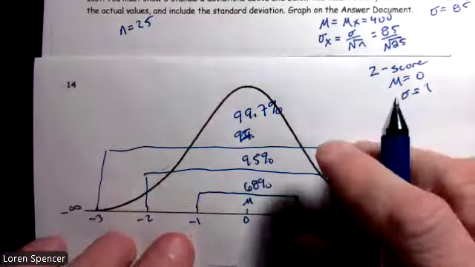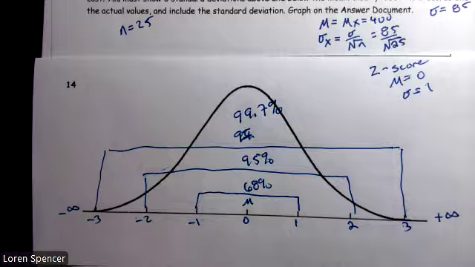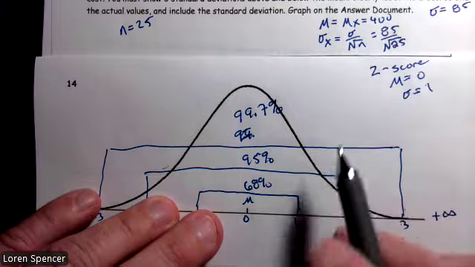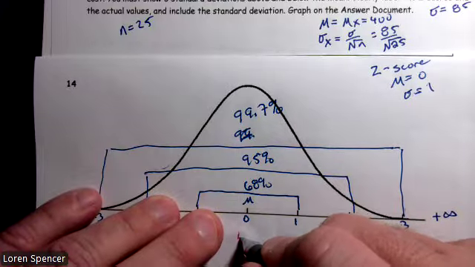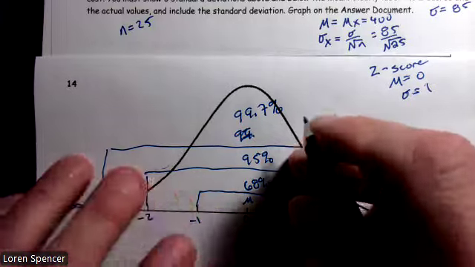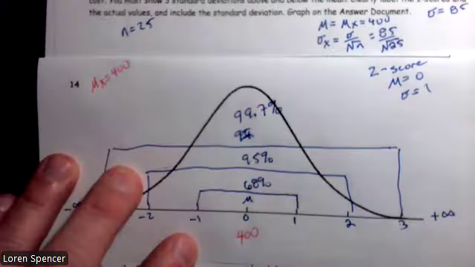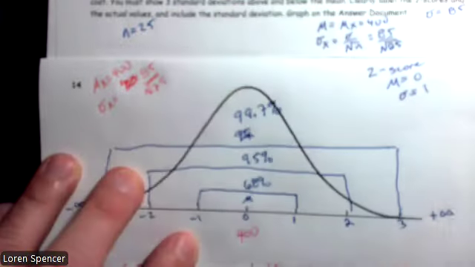All right. Well, the mean is the mean is the mean, so that's easy. And they told us earlier our transportation costs had a mean of 400. So the mean of X bar equals 400. The standard deviation of X bar equals 85 divided by the square root of 25.